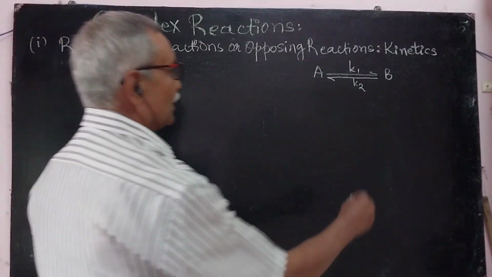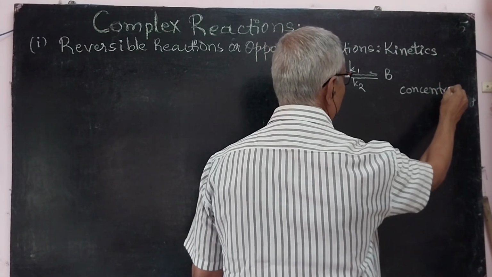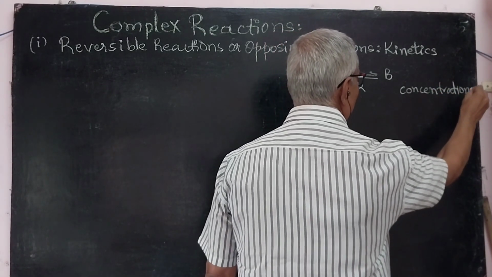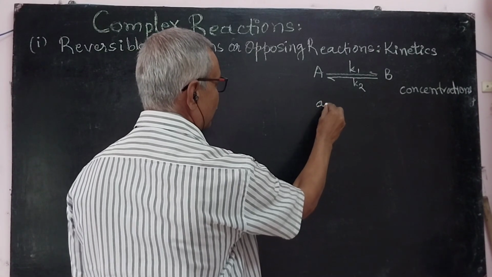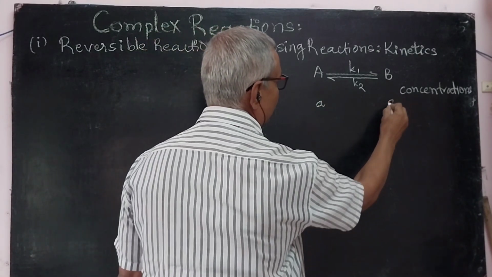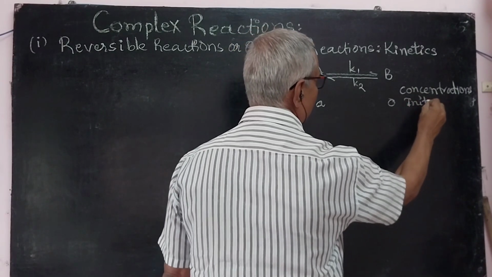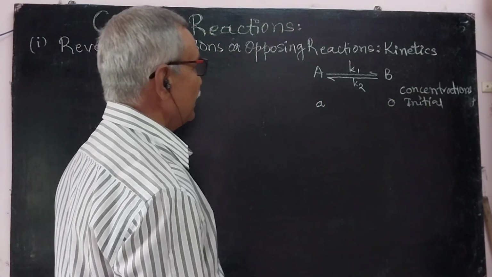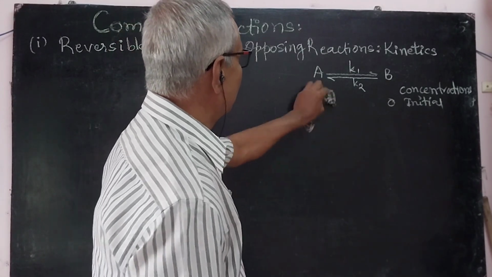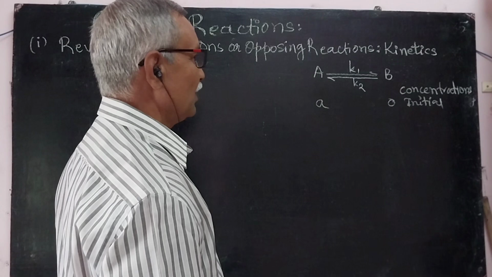Now about concentrations. A is the initial concentration of the reactant and 0 is the initial concentration of the product.